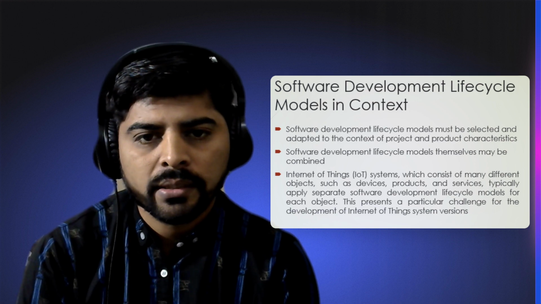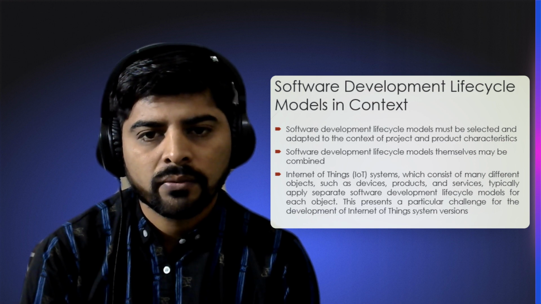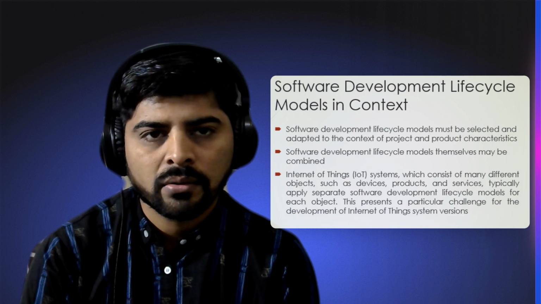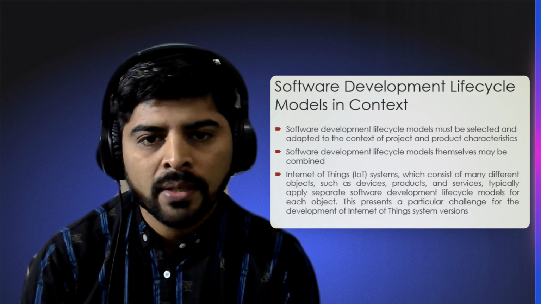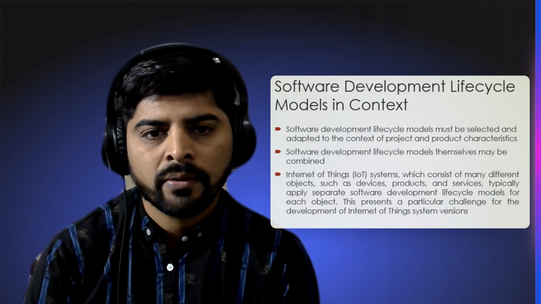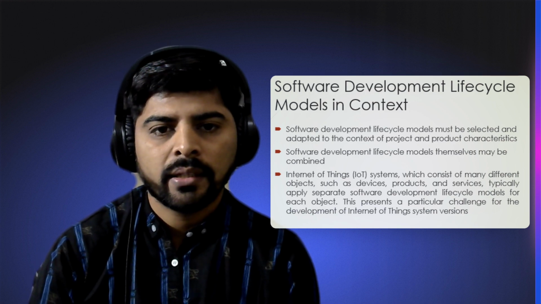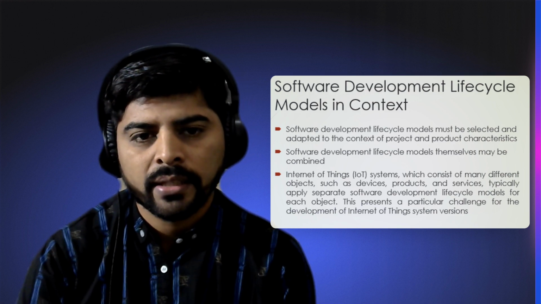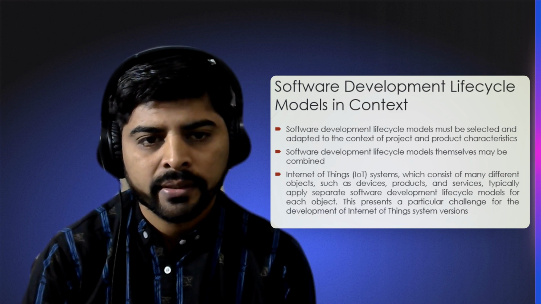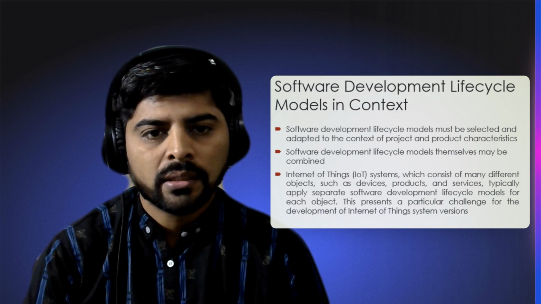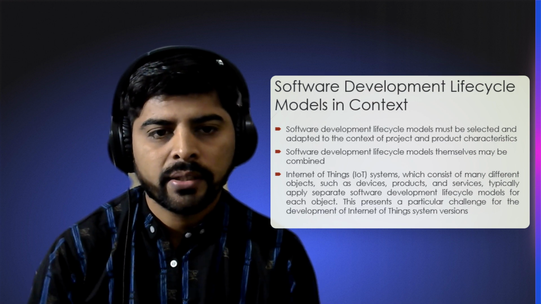We can also combine those models. For example, we can combine Scrum with the V model and so on, based upon the requirements. Especially in Internet of Things cases, we have physical devices, APIs, a services layer, and many things which are interconnected.